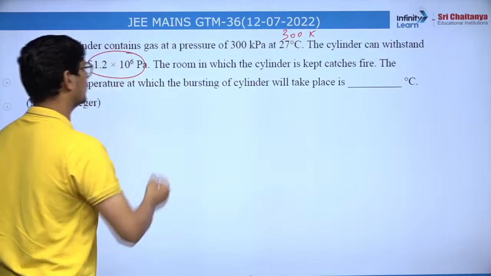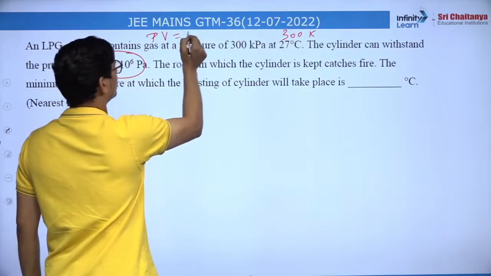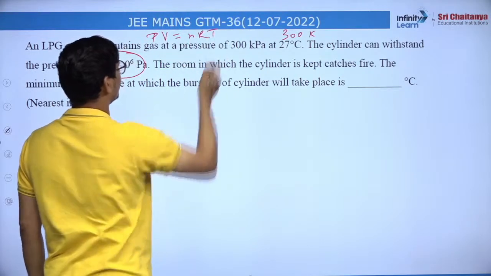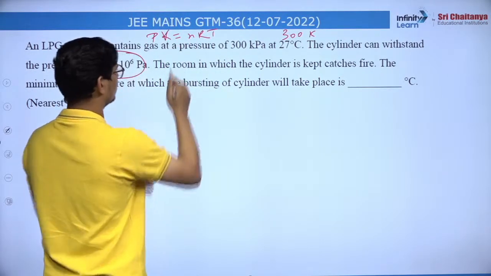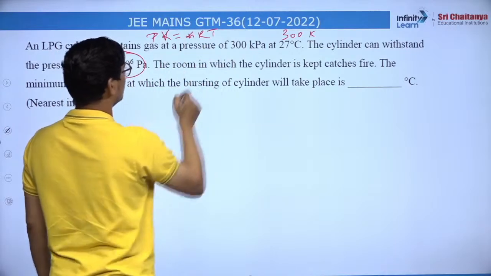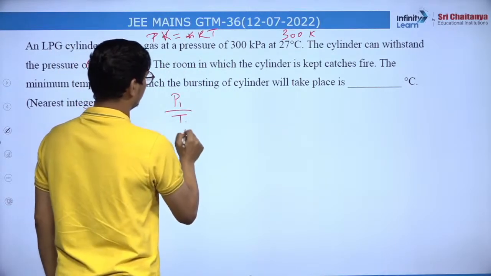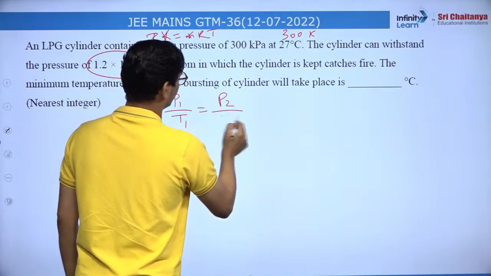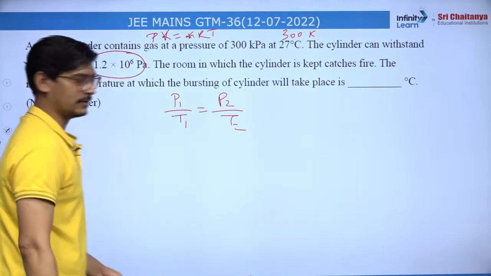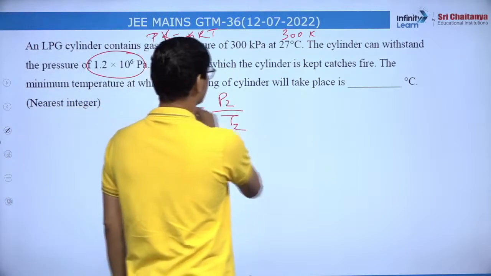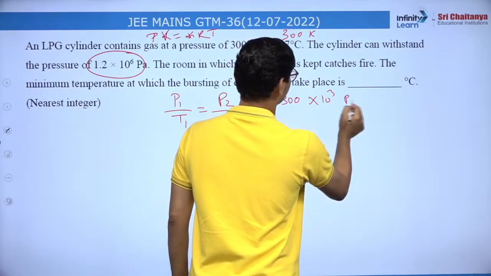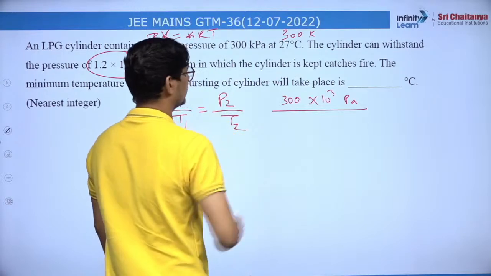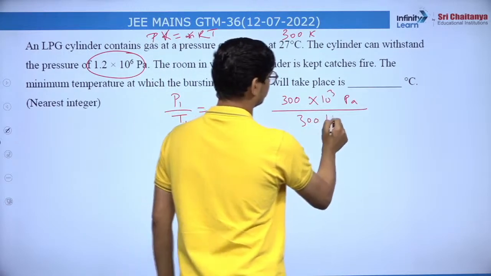So this is an application of Gay-Lussac's law, or you can deduce it from the ideal gas equation also. PV equals nRT, the cylinder volume is constant, and the amount of gas will be constant. So P upon T is constant, so P1 upon T1 is equal to P2 upon T2. Let us substitute the values. Initially the pressure is 300 kilopascal and the temperature is 300 Kelvin.